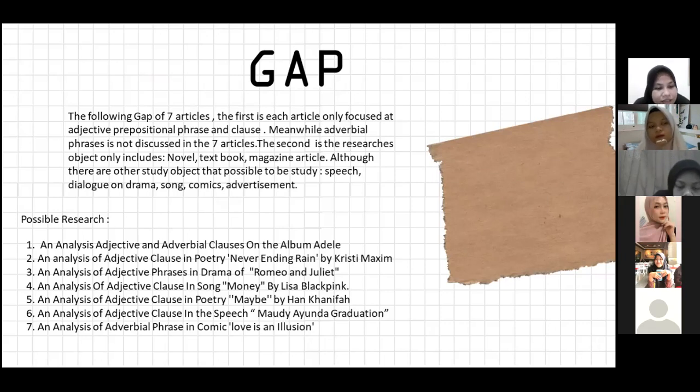And the fourth, an analysis of adjective clause in the song Money by Lisa Blackpink. Fifth, an analysis of adjective clause in the poetry Maybe by Han Kanifa. The sixth, an analysis of adjective clause in the graduation speech. And the last is an analysis of adverbial phrase in the comic Love is an Illusion.